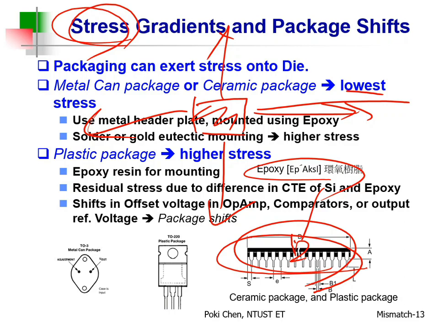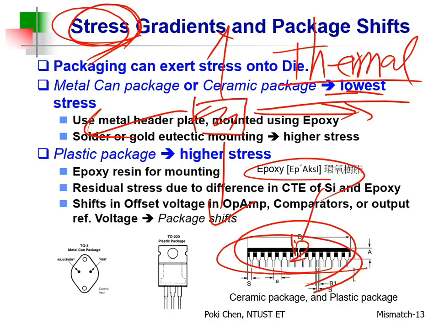You need to consider every impact, including stress. Stress is not caused by only bonding and packaging, but also by thermal. By thermal effects, after power on, the temperature of the chip will be increased, right?